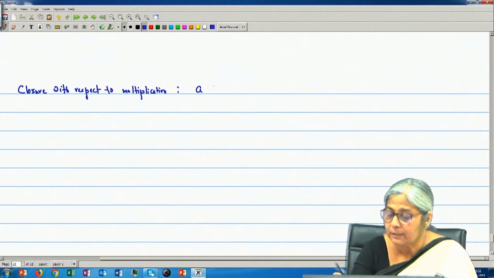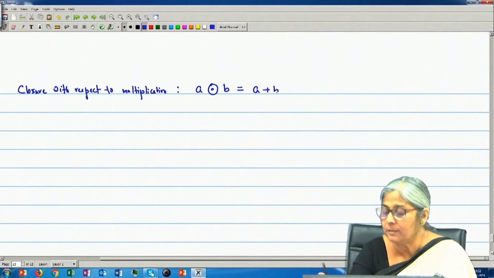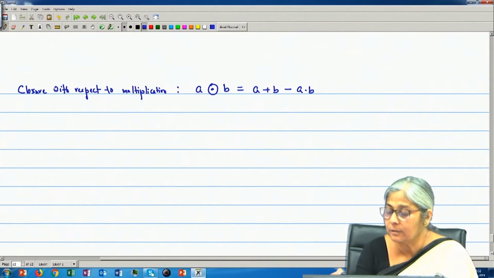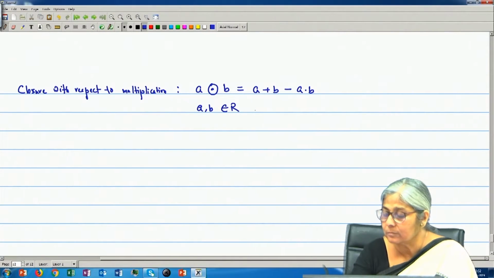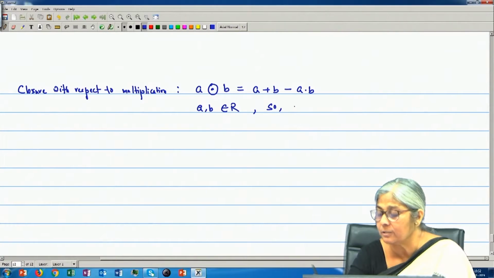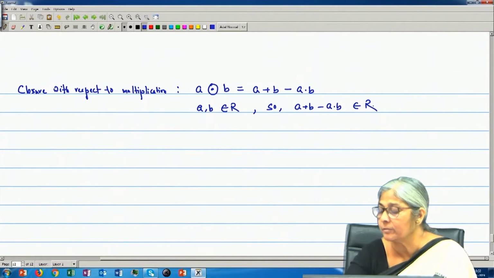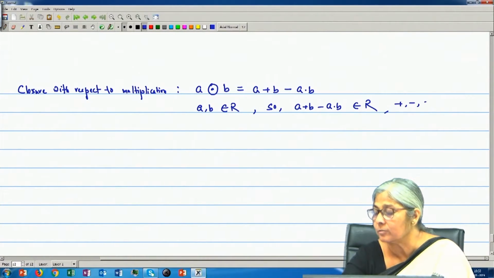If I take A, now this time my multiplication is A plus B minus A into B. So, since A, B belong to R, and these are ordinary addition, subtraction and multiplication, A plus B minus AB belongs to R, because plus, minus and dot are ordinary addition, subtraction and multiplication.